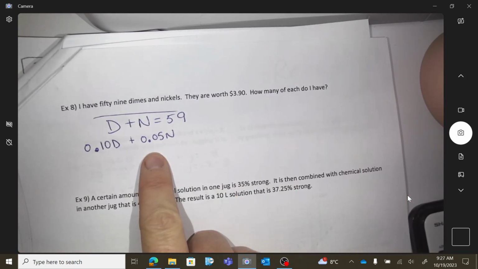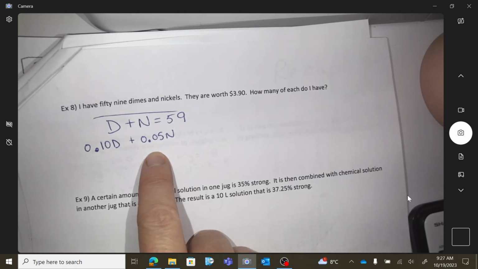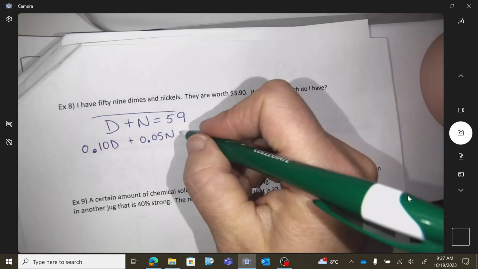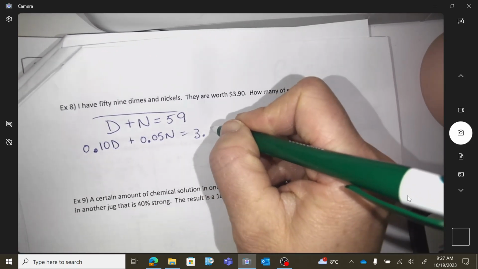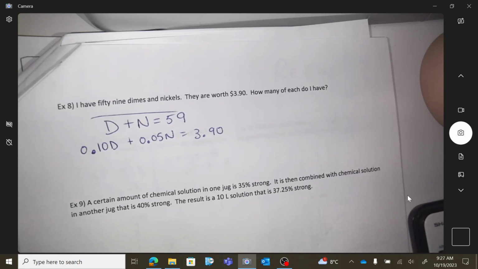okay, don't forget to write 0.05. Don't write 0.5 because that's 50 cents, right? So you need a 0 in there. Equals 3.90. Okay, if you love working with decimals, that's great. You can do that.